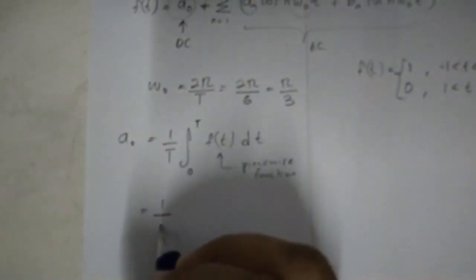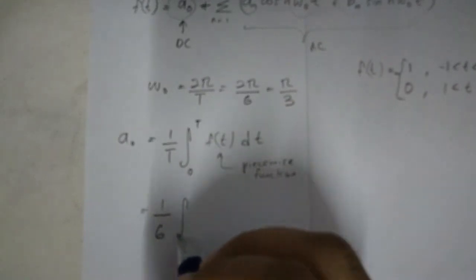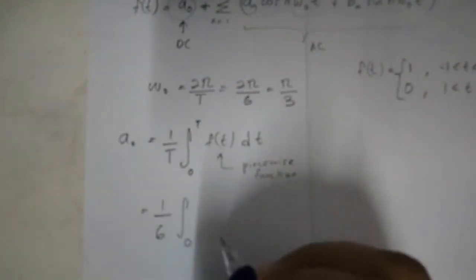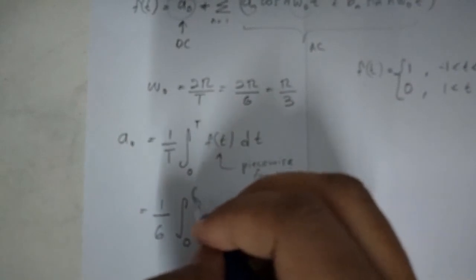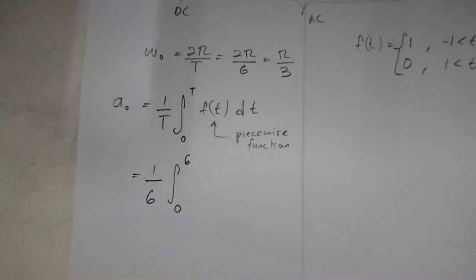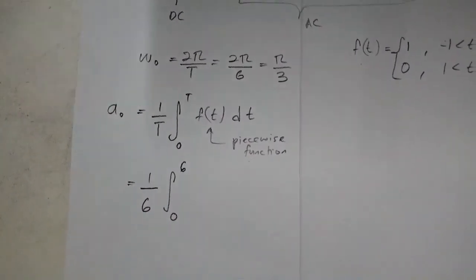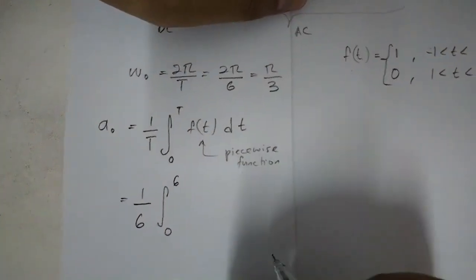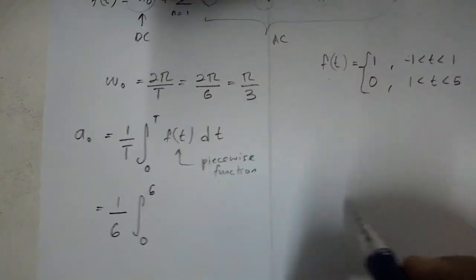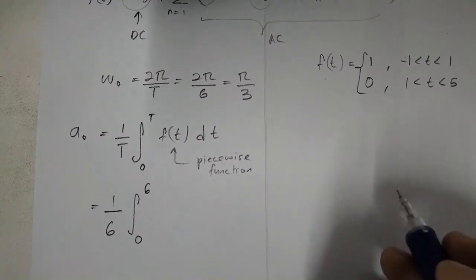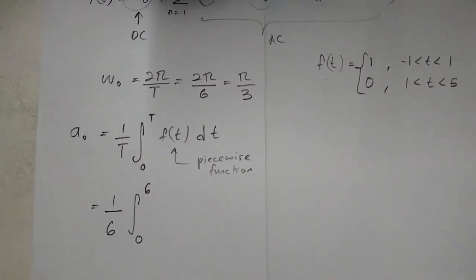So 1 over 6, integration from 0 to 6. And then what is f(t)?